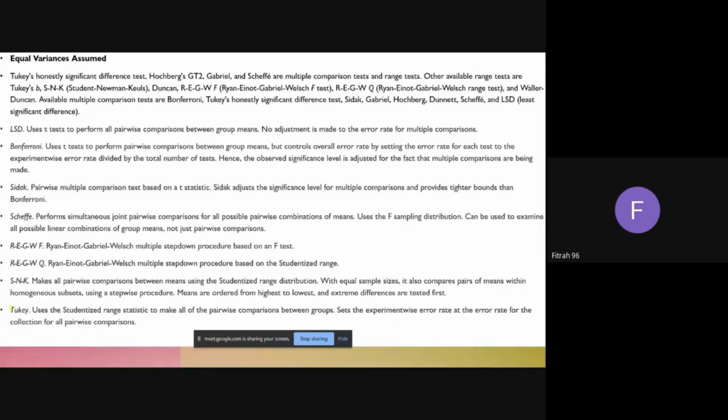It uses the studentized range statistic to make all pairwise comparisons between groups and sets the experiment-wise error rate. The easiest way to understand it is that when we use Tukey, we make pairs.